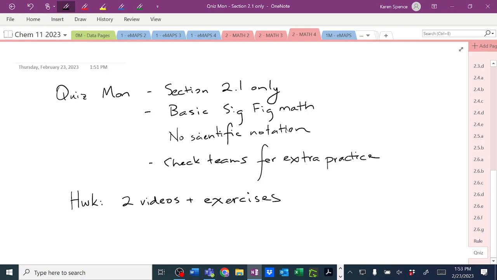Okay, I've written it all up on the board, but it looks really scary because it looks like there's 100 million things for you to do over the weekend. There's really not. There's really the quiz. There's really 2 short videos with some exercises. And then there is finishing up anything that you don't finish from today.